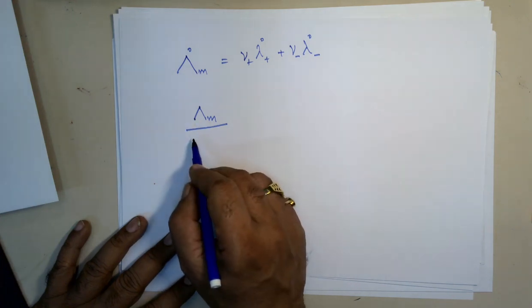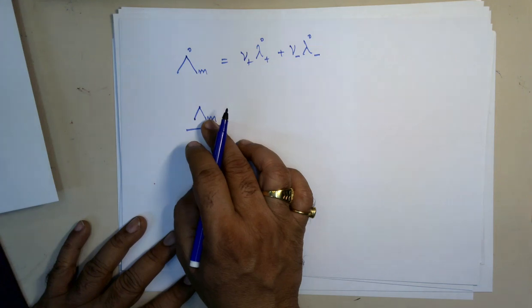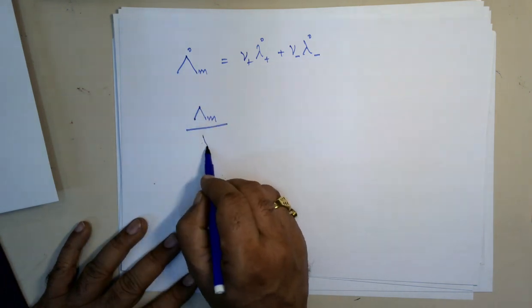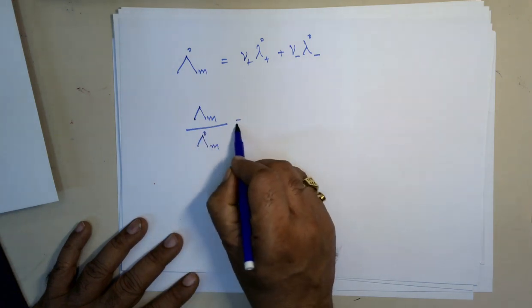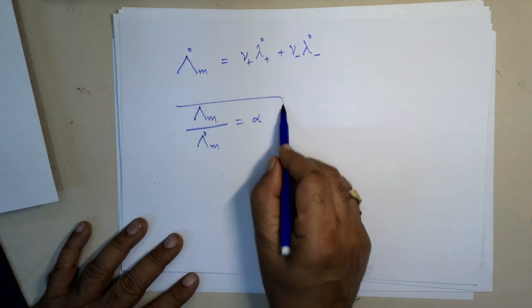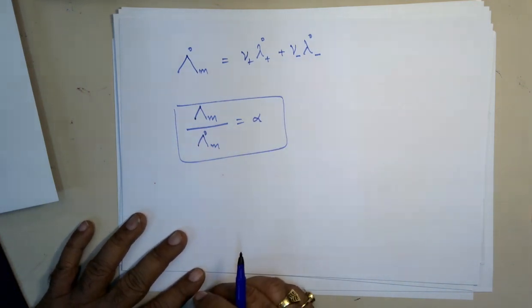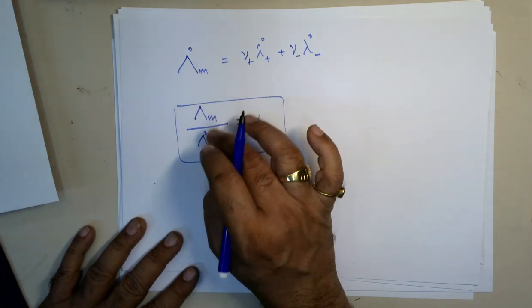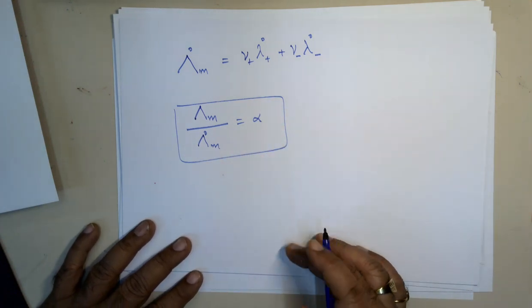Molar conductivity of an electrolyte at a certain concentration divided by its limiting value, lambda not m, is equal to alpha, that is degree of dissociation. This is another important equation. Lambda m divided by lambda not m is equal to alpha. Alpha is degree of dissociation.